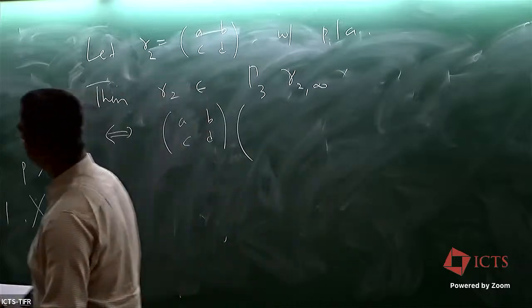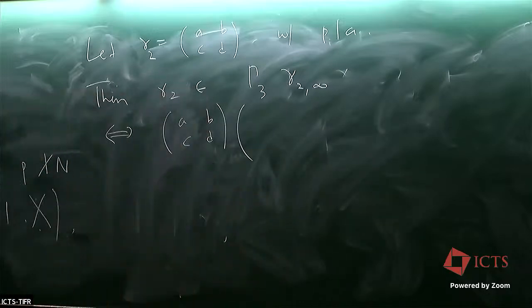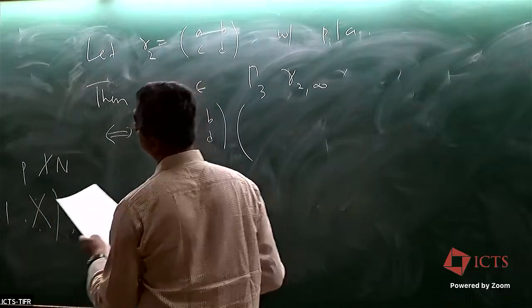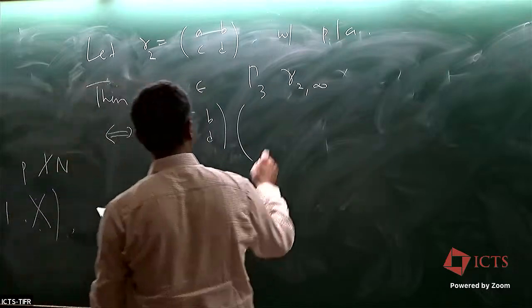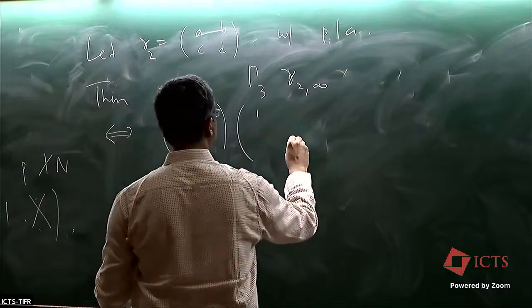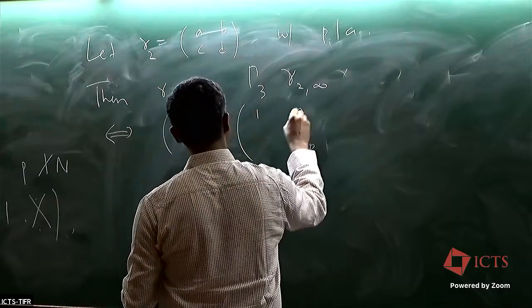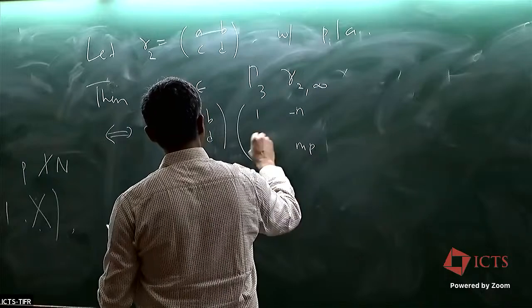What's the inverse of that complicated looking matrix over there? It's the following. You flip the A and D entries and multiply the B and C entries by minus 1. So you get a 1 here, an MP here, minus N, and a minus N here.